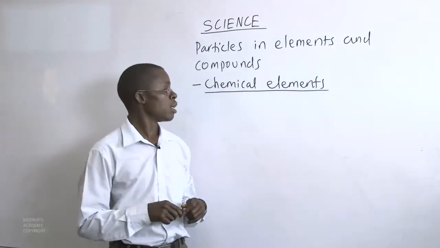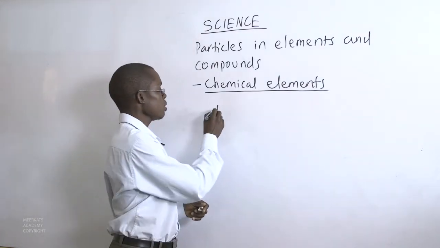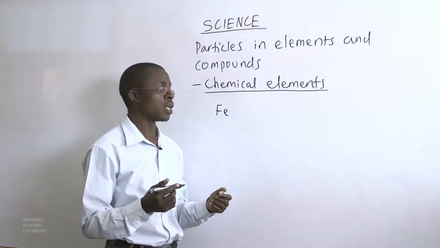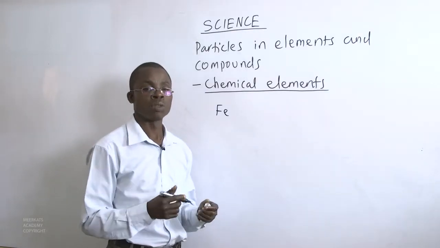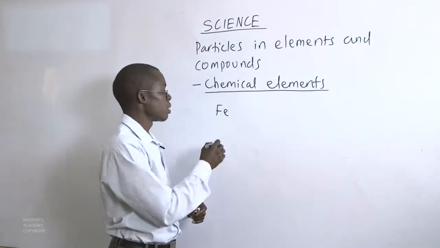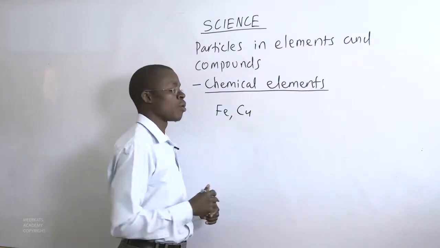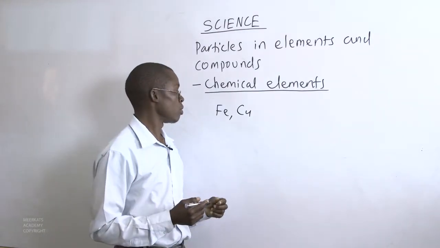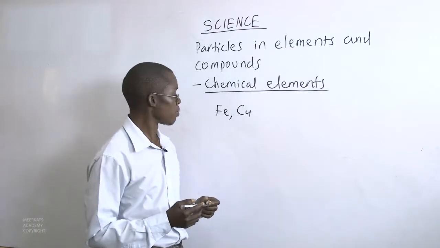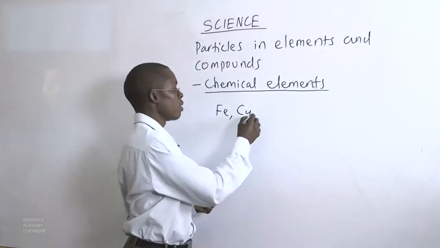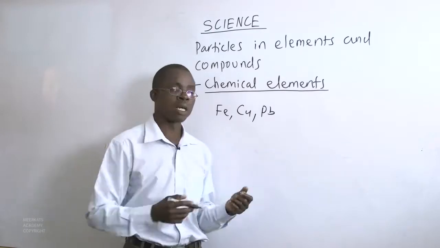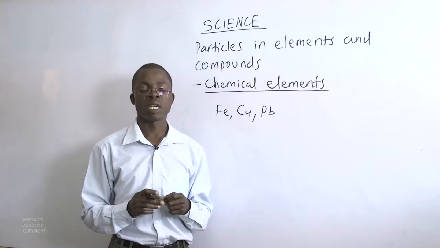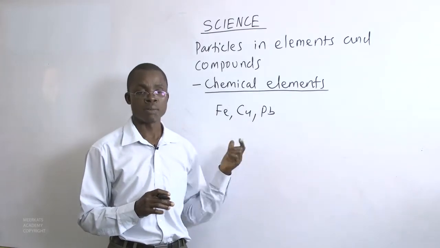These include elements like iron, which was commonly used in the smelting of weapons early on, and also tools to be used in various ways. We had other elements like copper, which was also used in the fabrication of tools by the early people. We also have an element like lead and the others. So these are elements that we cannot pinpoint the particular scientist who came up with the element.